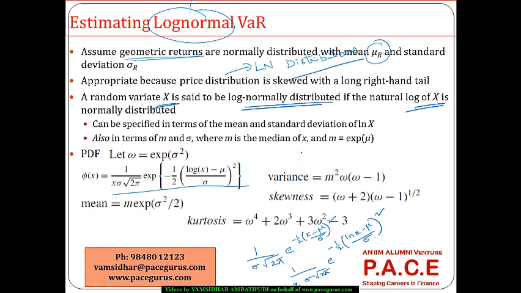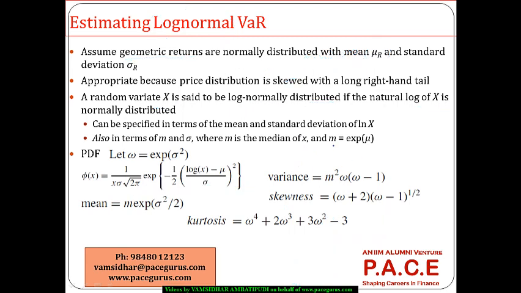And one more, if I look at the mean of the log normal distribution, it is nothing but e to the power of mu plus sigma squared by 2. Right, the mean.